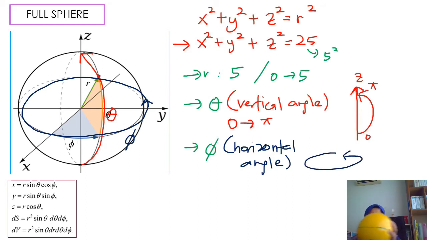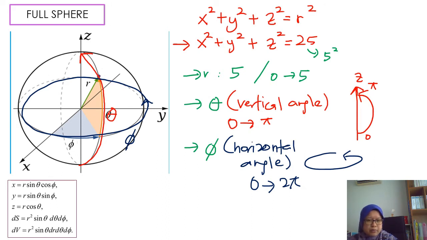If you have this ball, this is theta, and this is phi. Phi for a full sphere is 0 to 2 pi because it's a full angle, a full circle, a full sphere.